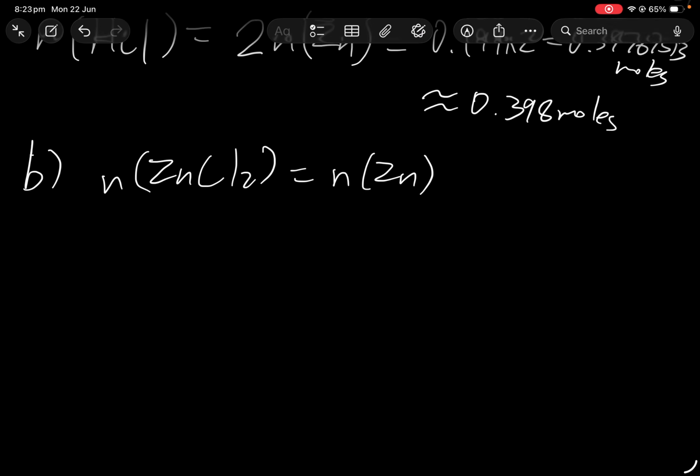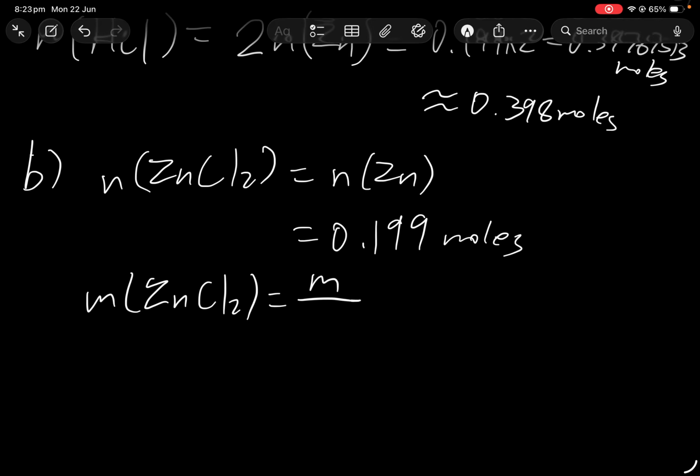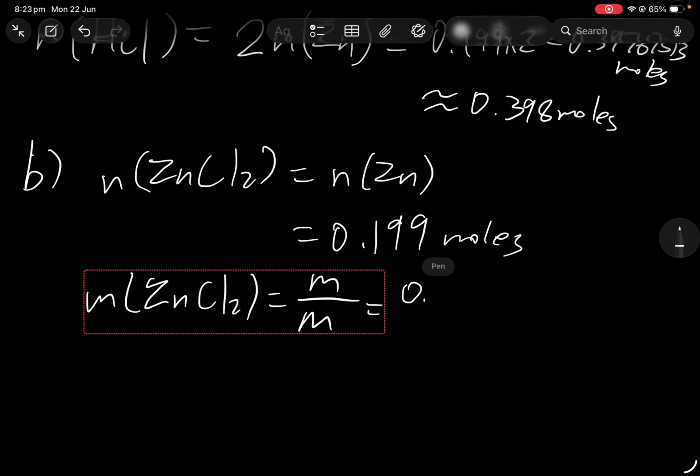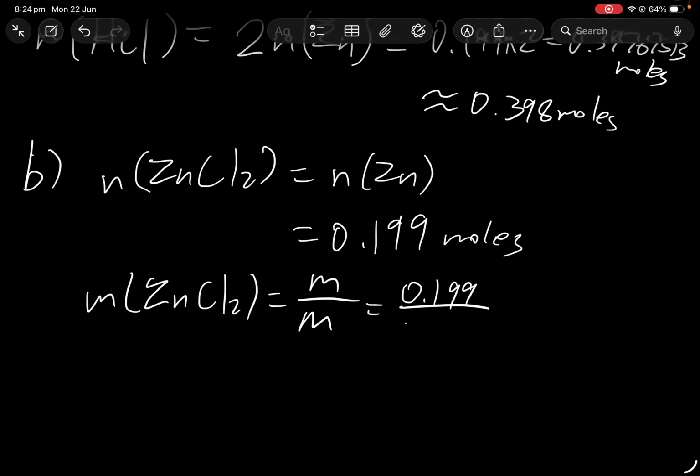So that equals 0.199 moles, and then the mass of zinc chloride equals mass over molar mass, with the molar mass being zinc, 65.38.